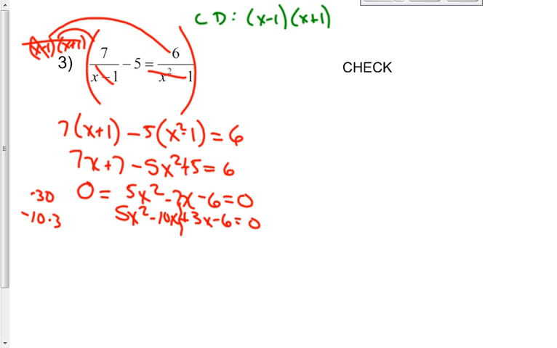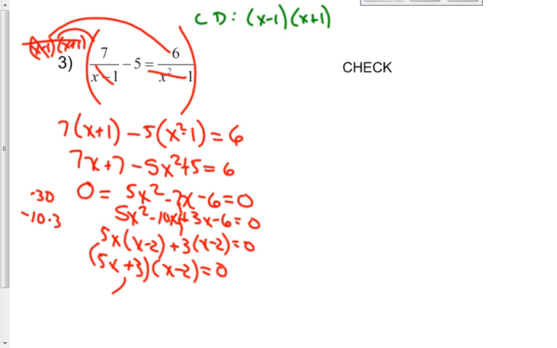Cut it in half and factor by grouping. 5x, x minus 2, plus 3, x minus 2, 5x plus 3 times x minus 2. And when I take each of those out, I'll get positive 2, and on this side, negative 3/5.